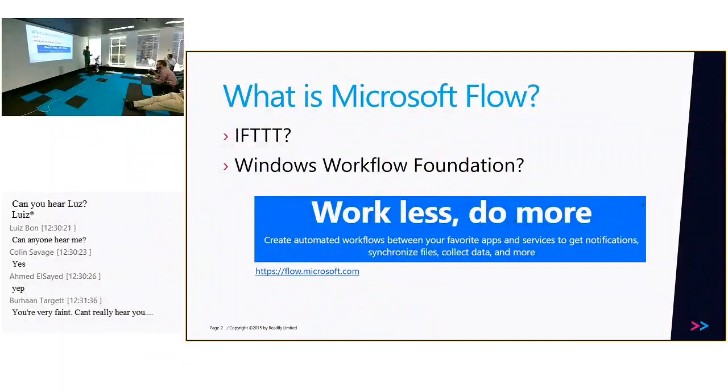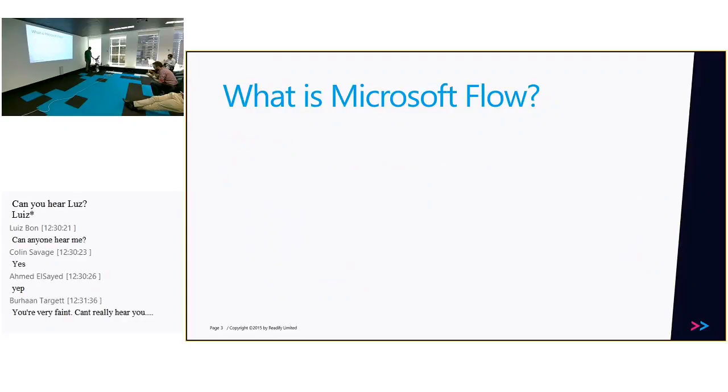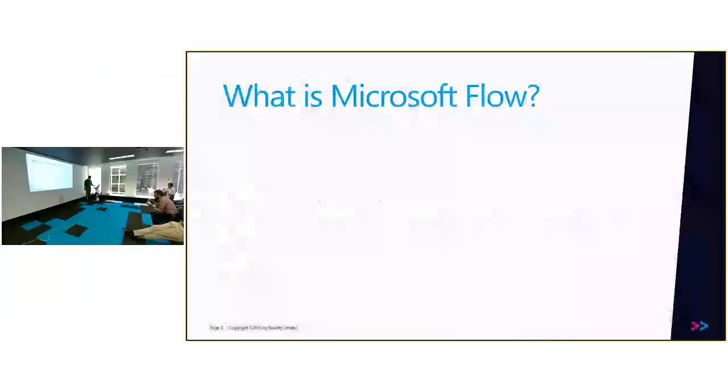You have a bunch of inputs, process, and states, change data, and you have an output. What Microsoft Flow does is an event-based flow. So it responds to an event, and you define a flow based on that event.